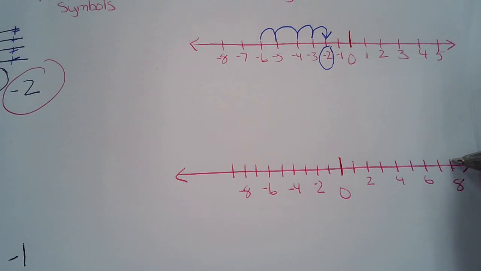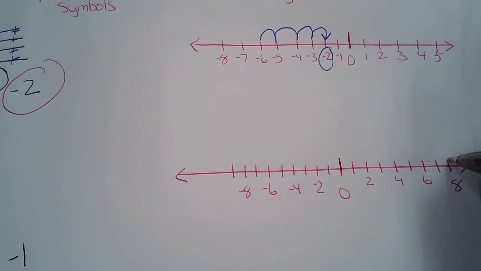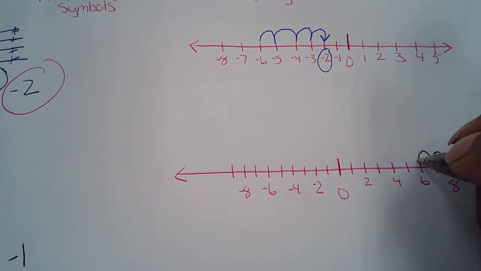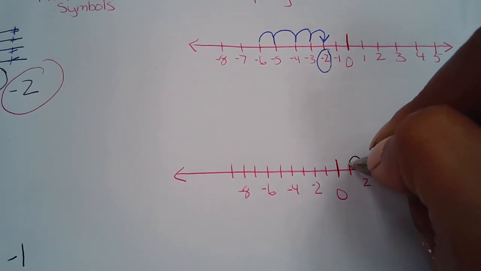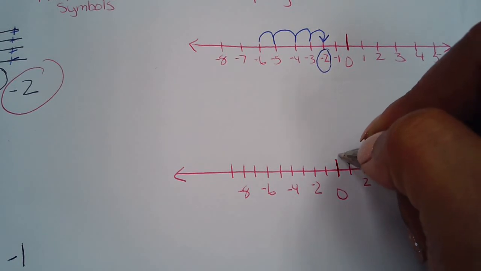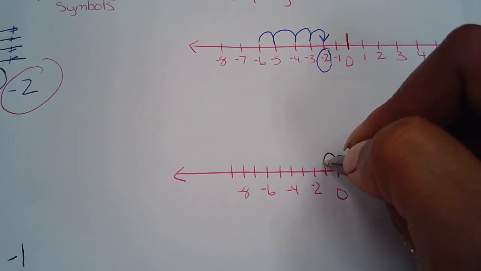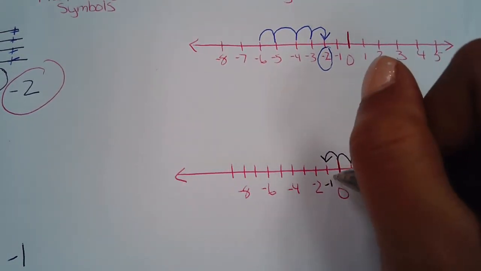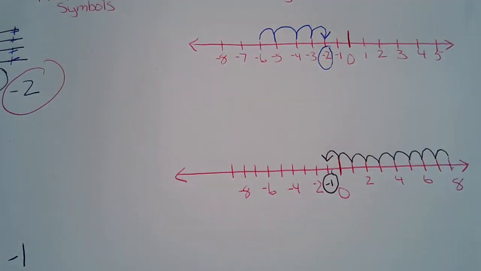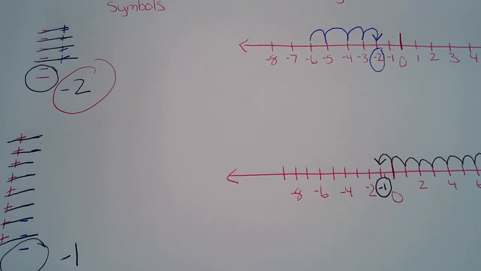I'm moving to the left in the negative direction. So I'm starting at 8. I'm going 1, 2, 3, 4, 5, 6, 7, 8, 9. All right, that lands me on negative 1, which was our answer.